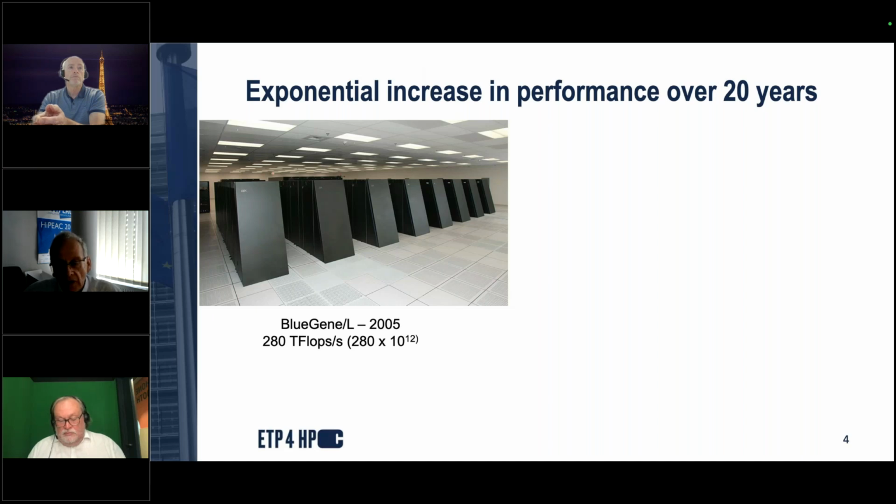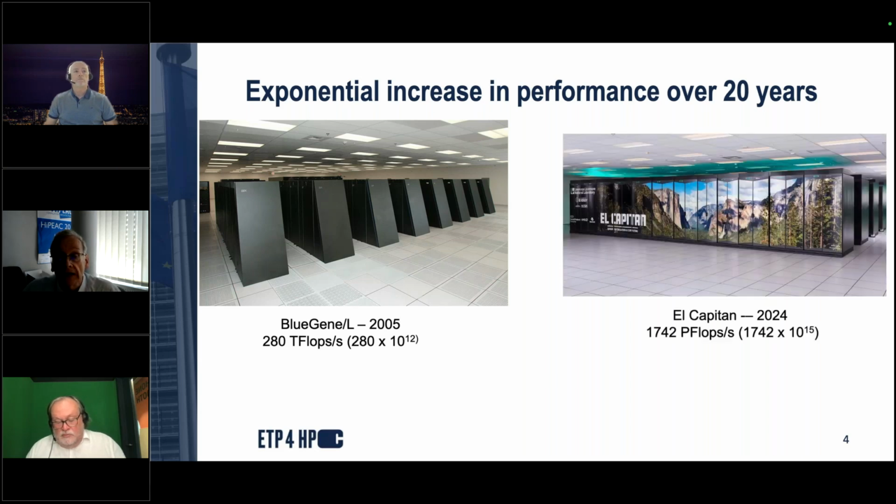So just to take a little bit of a back view of the progress of computing in the last 20 years: if we compare the performance of Blue Gene in 2005, it was 280 teraflops. Now we have El Capitan, which is still top of the TOP500 with 1.7 exaflops.